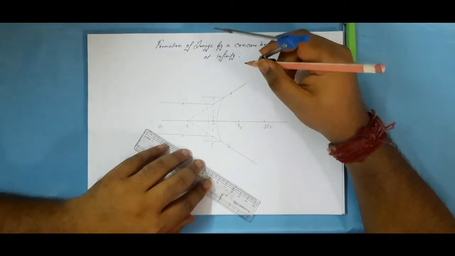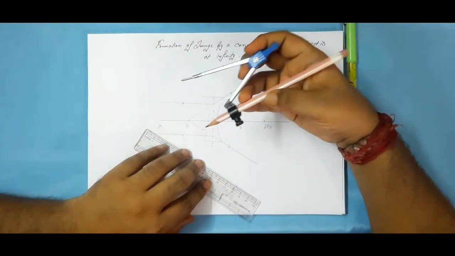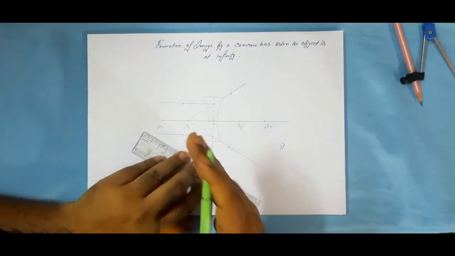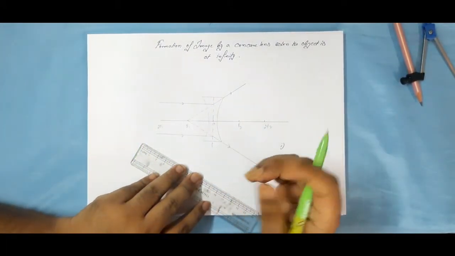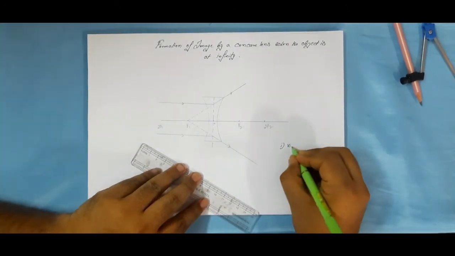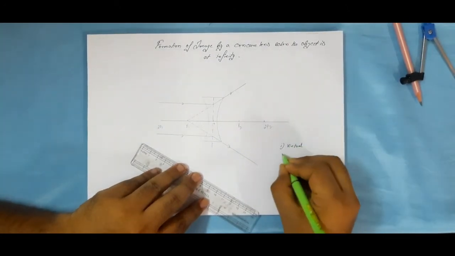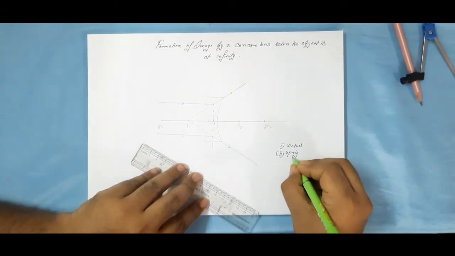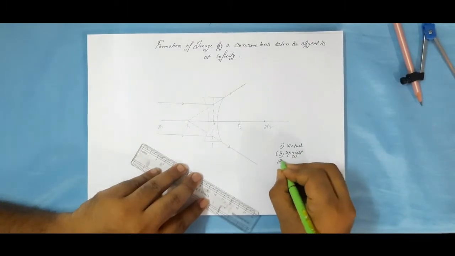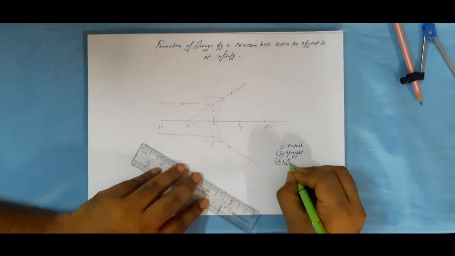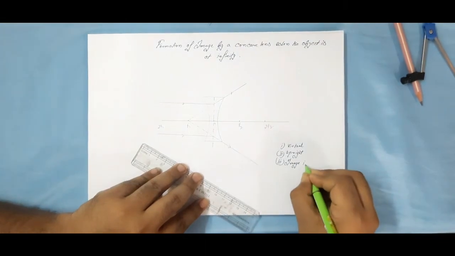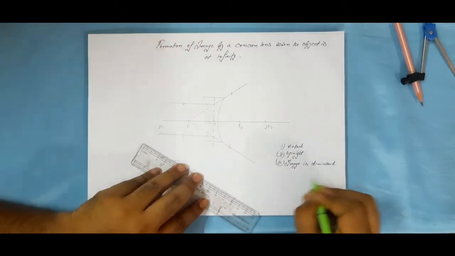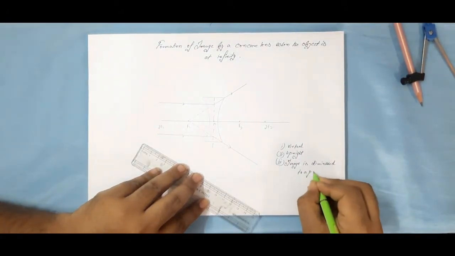Number 2, it will be upright or erect. And the image is diminished to a point.